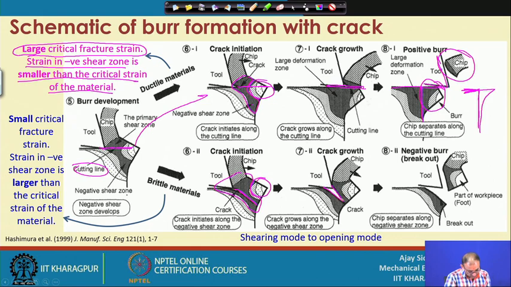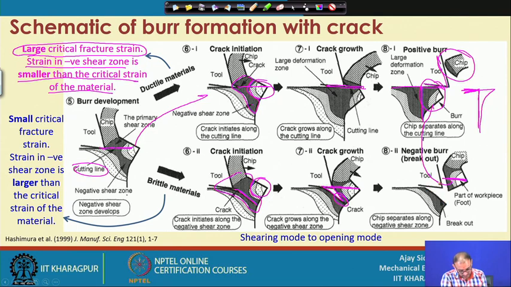Now this particular thing will try to open, because if it continues in this direction, it has to remove so much material, but here in this location your material removal requirement is very, very small. So now when it is coming out, you see the difference, how much is the difference. This is the amount of material which was staying in the ductile material, but now our crack propagation has moved in a different direction compared to the cutting line.